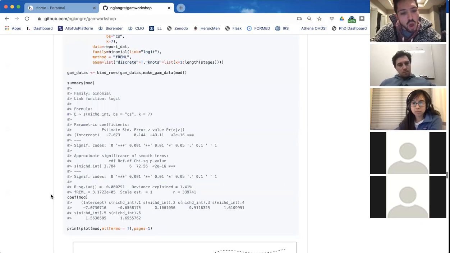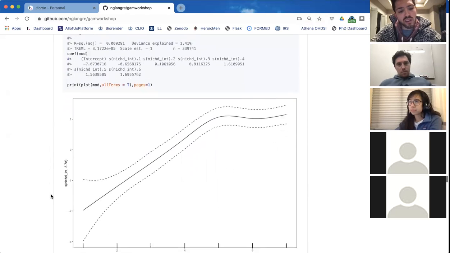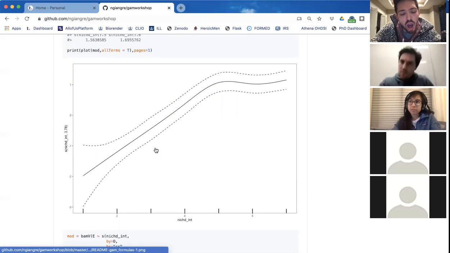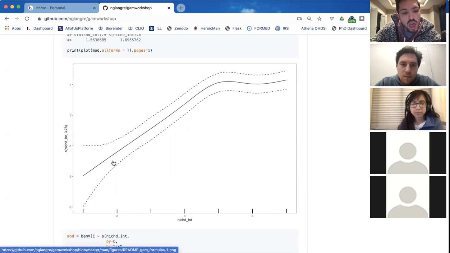Without going over everything, on the x-axis you have different stages, and on the y-axis you have the probability of the event risk.